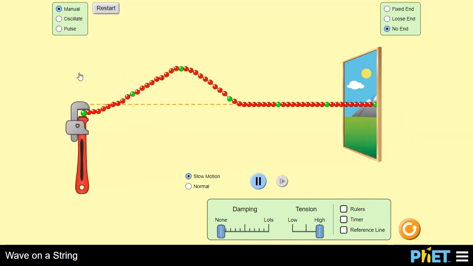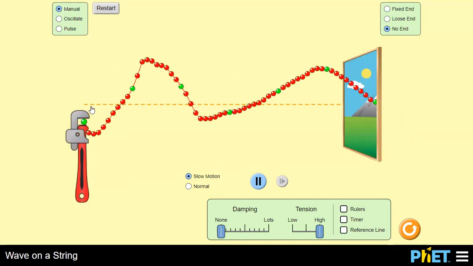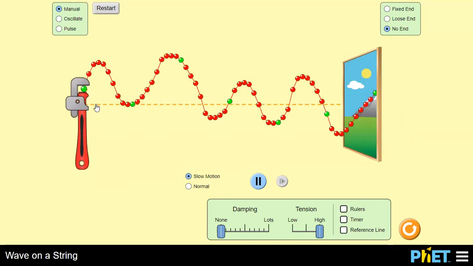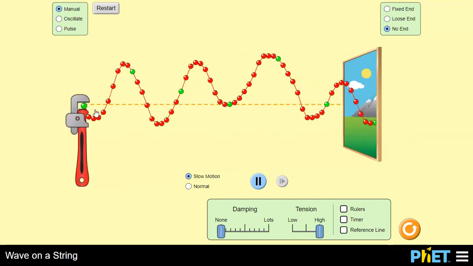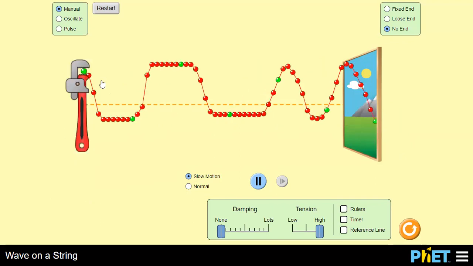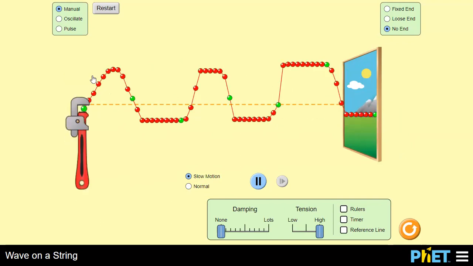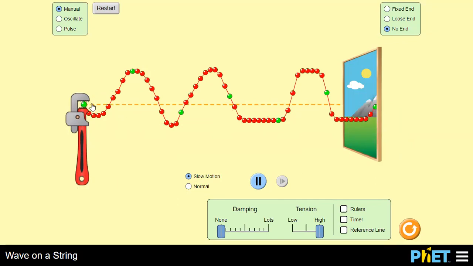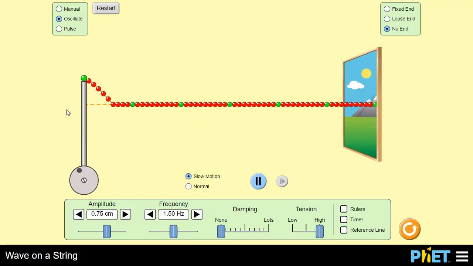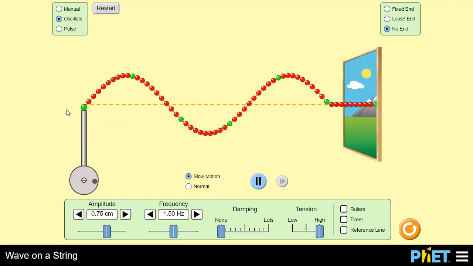And you can see that as we move it, depending on how we move it, you get this shape of a wave that's going to the right. I can move it not regularly, and then the wave will not be regular, or I can try to move it more regularly like so. Or I can get a machine to do it really regularly. But these will all send waves to the right. That's our idea of what a wave is.